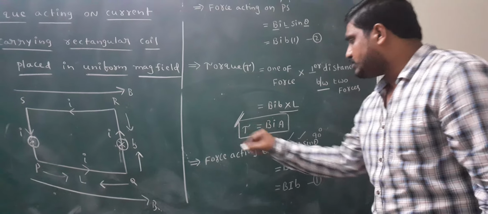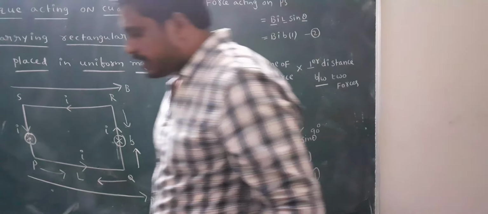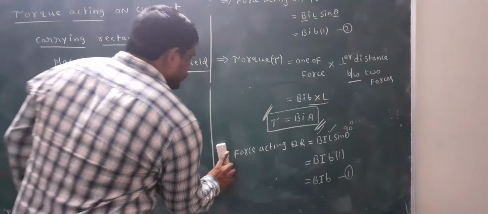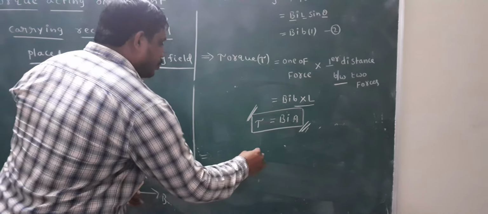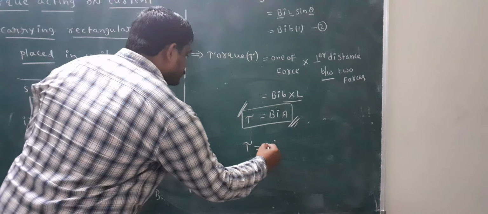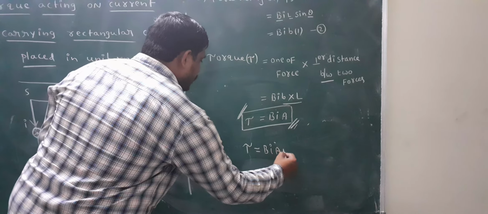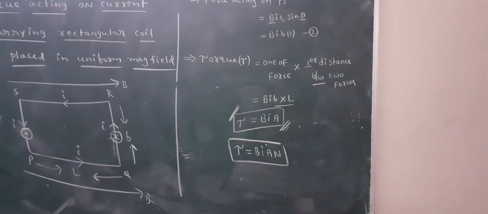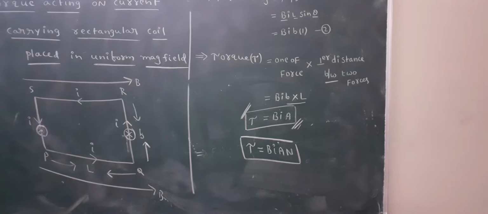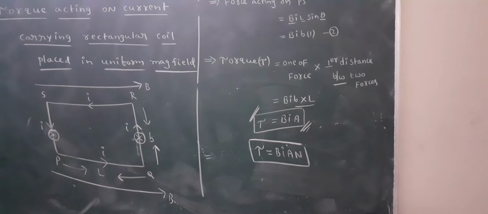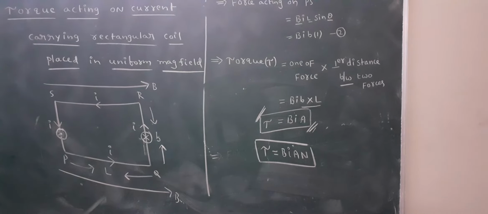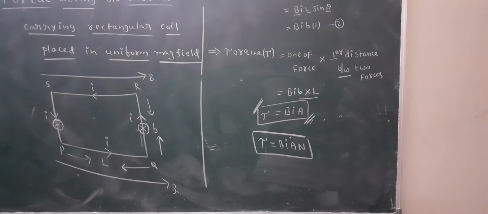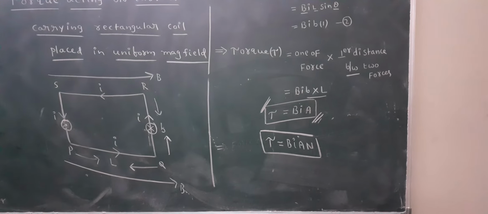Torque formula is B I A. For example, if the coil has n turns, the torque formula is B I A N. That is the formula for torque acting on the rectangular coil placed in a uniform magnetic field.